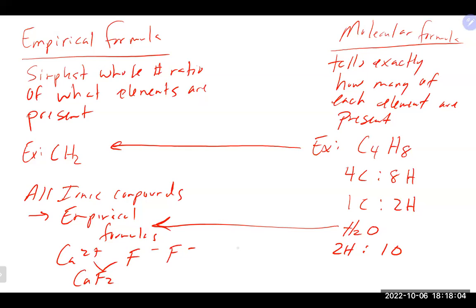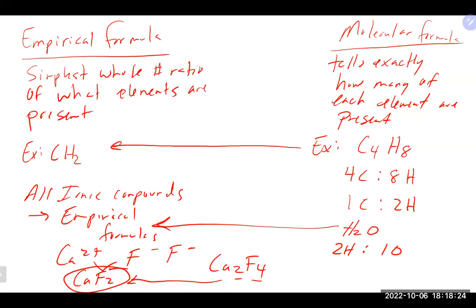Although we could put it together like Ca2F4, which is still balanced, but is not the simplest thing. We would reduce this down to the proper formula over here. So when we do ionic compounds and ionic formulas, they are always really the empirical formula.